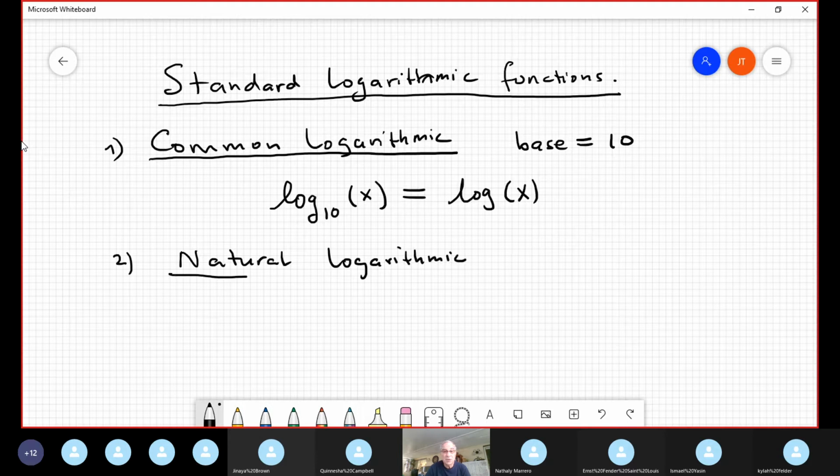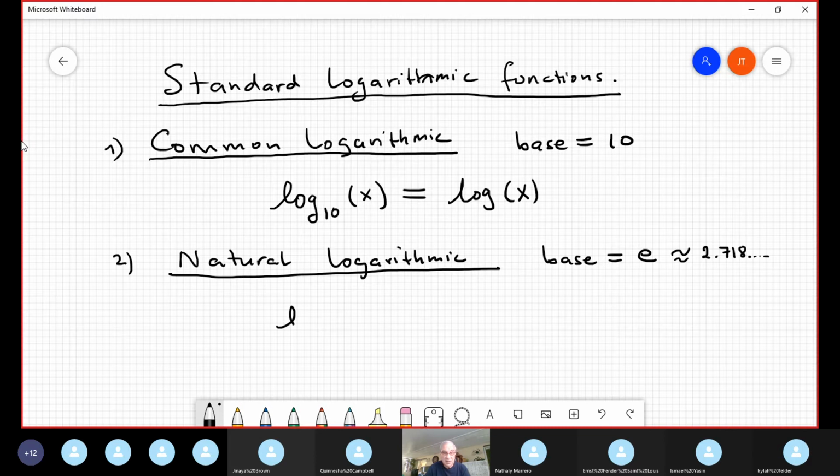Okay, natural, the base is one irrational number, e. And e is an irrational number, approximately 2.718, infinite decimal, non-repeating. This is the definition, that's it.